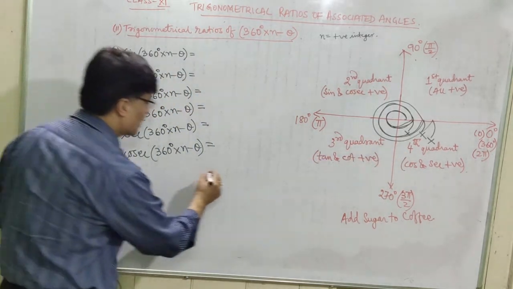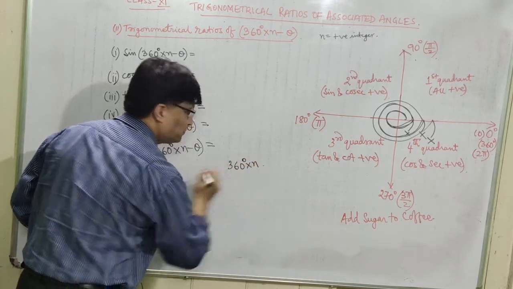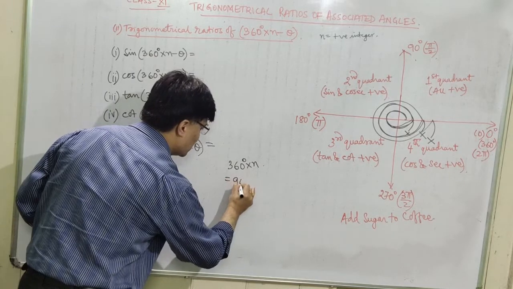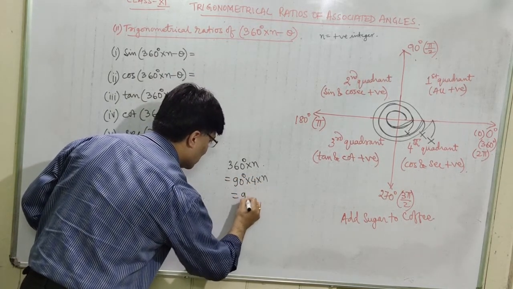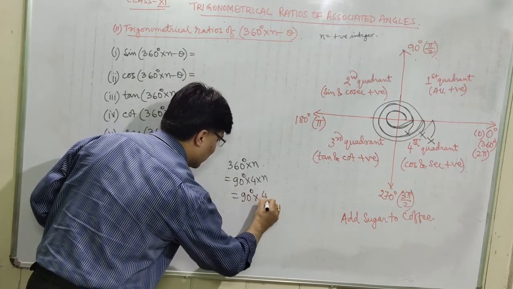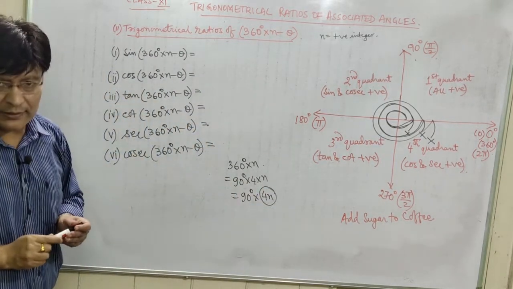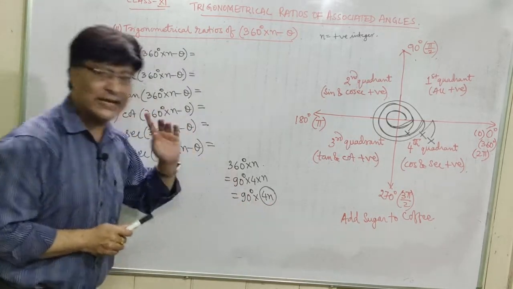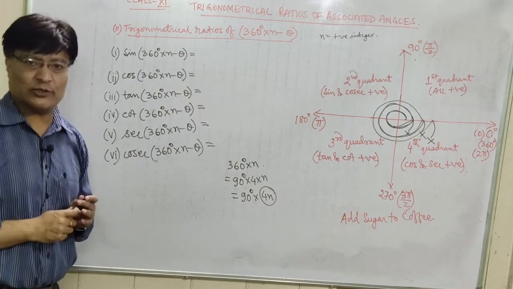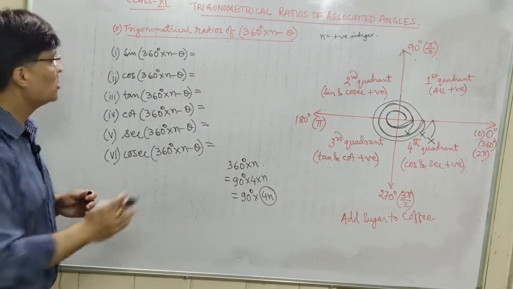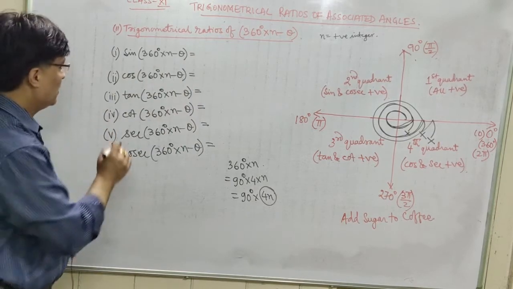And also you know that 360 into n is equal to 90 degree into 4n. So this 4n is an even integer, so it is an even multiple of 90. So trigonometrical ratios do not change in this case also. Is that clear? So let us write down the formula for sine 360 into n minus theta.